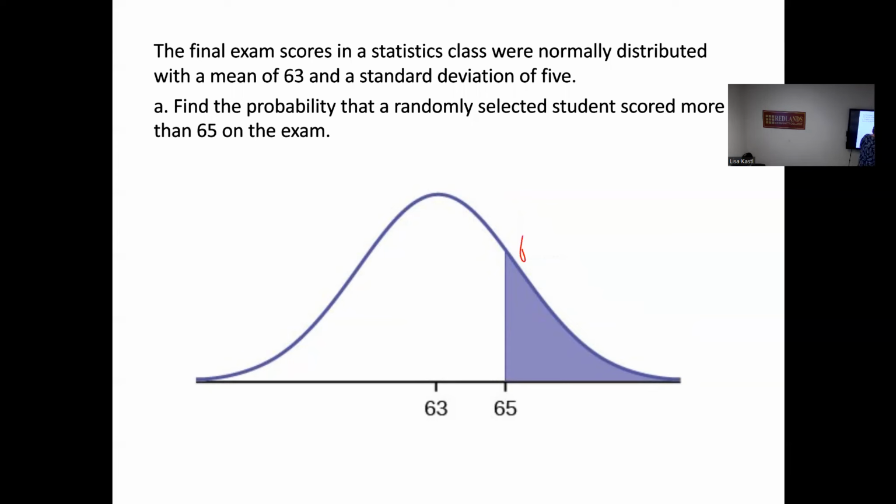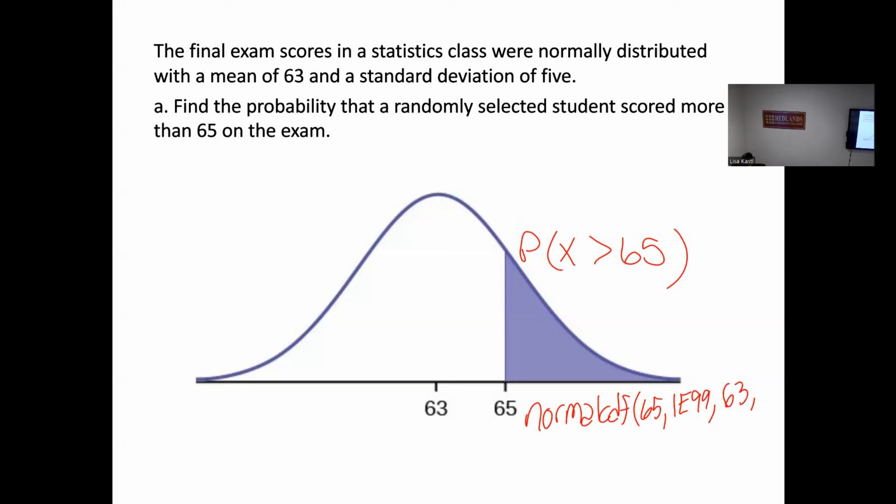So this is the probability that X is greater than 65, with a mean of 63 and a standard deviation of 5.